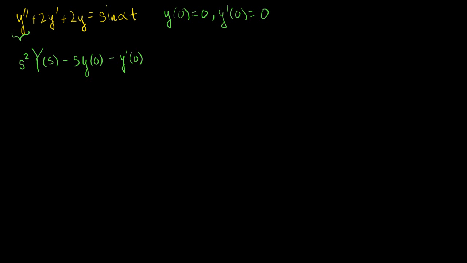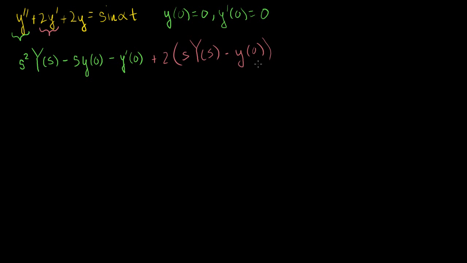Now we have to do the Laplace transform of 2 times the first derivative. That's just going to be equal to plus 2 times s times the Laplace transform of y, minus y of 0.